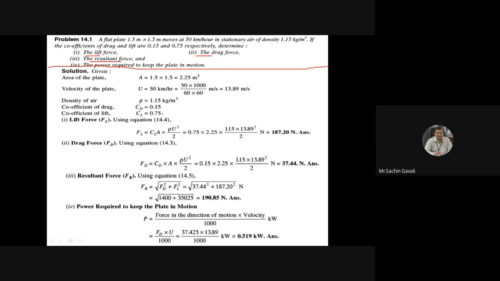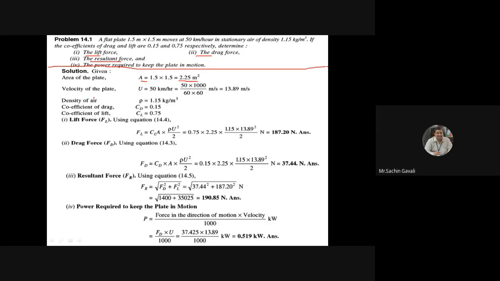Okay, now the plate is moving in stationary air. So what I have to do is take the velocity of the plate, whether it is velocity of fluid or velocity of that particular body. Area of the plate is the maximum projected area, so area is equal to 1.5 into 1.5, which is 2.25 meter square.